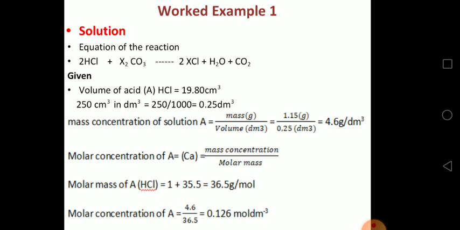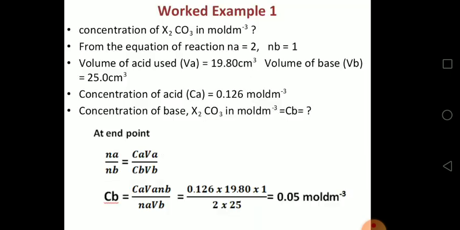Here we can calculate the molar concentration of solution A, which is mass conc over the molar mass. Here we have 0.126 mole per dm3, and that is the concentration of the acid. So this is denoted as Ca, and that is the concentration of the acid.